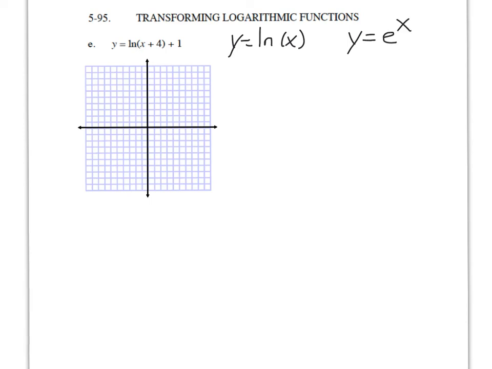So go ahead, pause this, build your table for y equaling e to the x, then build your table for the ln of x, then apply your 2 transformations and make the graph for y equaling ln of (x plus 4) plus 1. Also, please take time to identify any vertical asymptote, identify the domain, and the range for this transformed function.